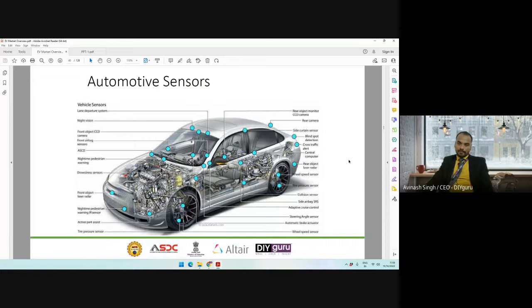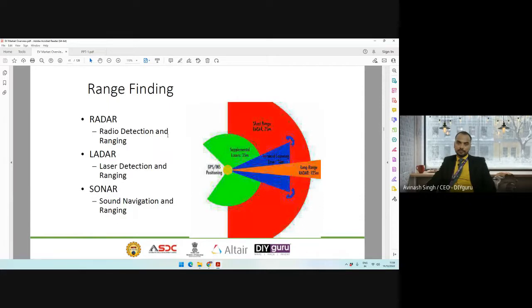Some of the sensors are listed here. Once the technology evolves, there will be many more sensors in automobiles, and all of these sensors will transmit data to make the vehicle as safe as it can be. In the last class, we were discussing radar, LiDAR, and sonar.